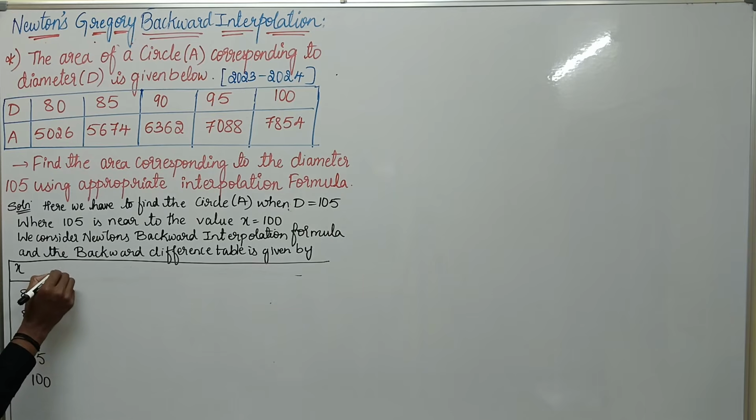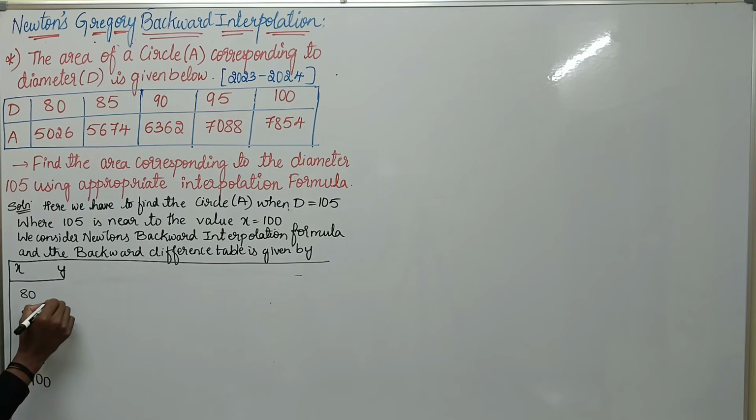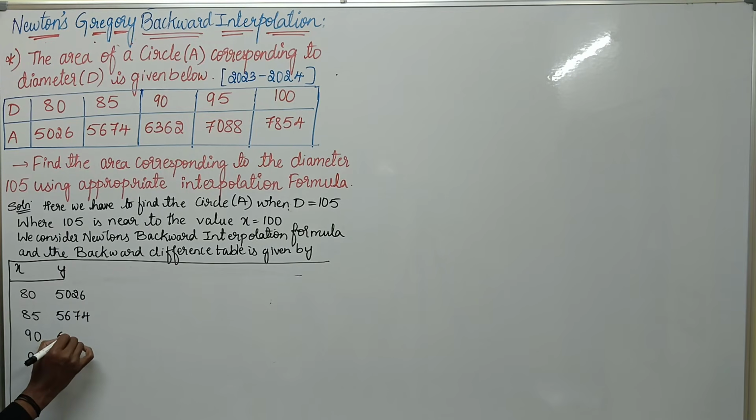Now corresponding to that, in place of A, I am going to consider y, that is 5026. Next we have 5674. Next we have 6362. Then 7088, and the next we have 7854.